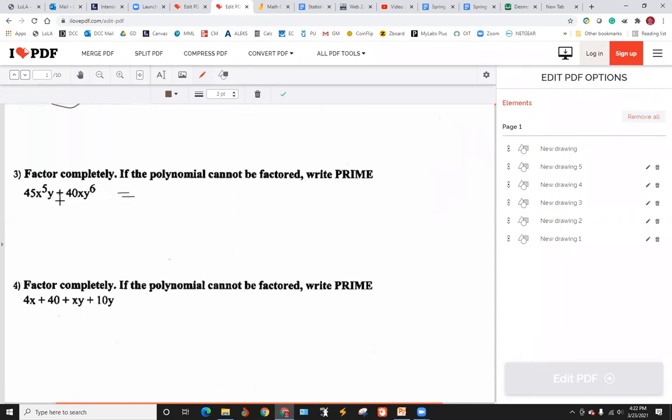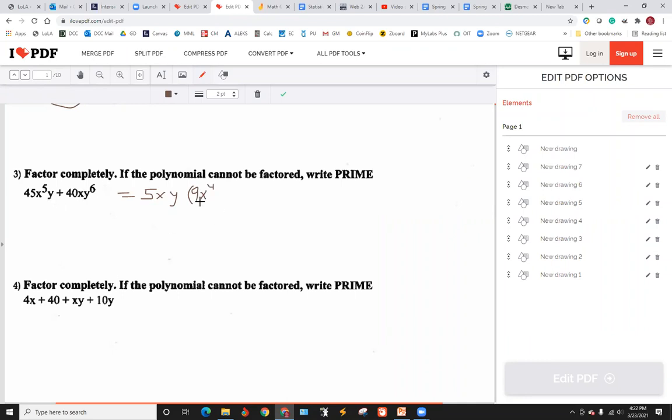All right, so 5 is the obvious number. And then look at the smallest power of x, which is x, and the smallest power of y. So 5xy goes into 45, 9x to the 4th.